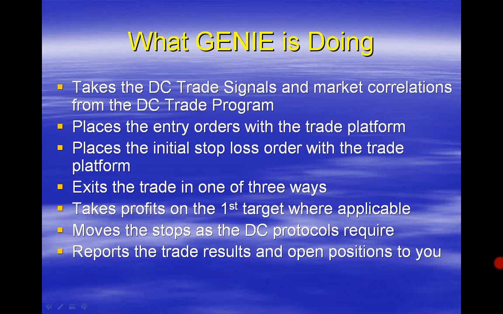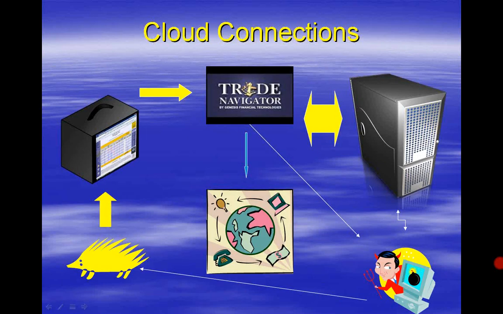So I always suggest that you occasionally, and by occasionally I mean once or twice a day, have a look at your Genie program and make sure that everything that's supposed to be happening in there is happening, that you have the connections and that your trades have been placed and so on. But the theory of it is that it is a set and forget solution. I don't think there's any such thing myself, but you certainly don't need very much input at all to it.